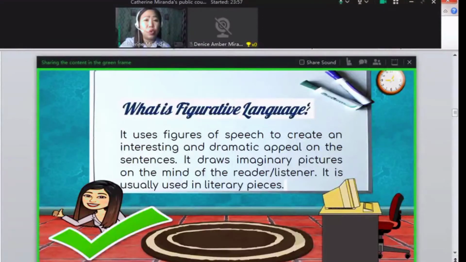It is used to amplify our writing, and it goes beyond the literal meaning of the words to get a message or point across. It draws an imaginary picture in the minds of our readers and listeners. It is usually used in literary pieces.